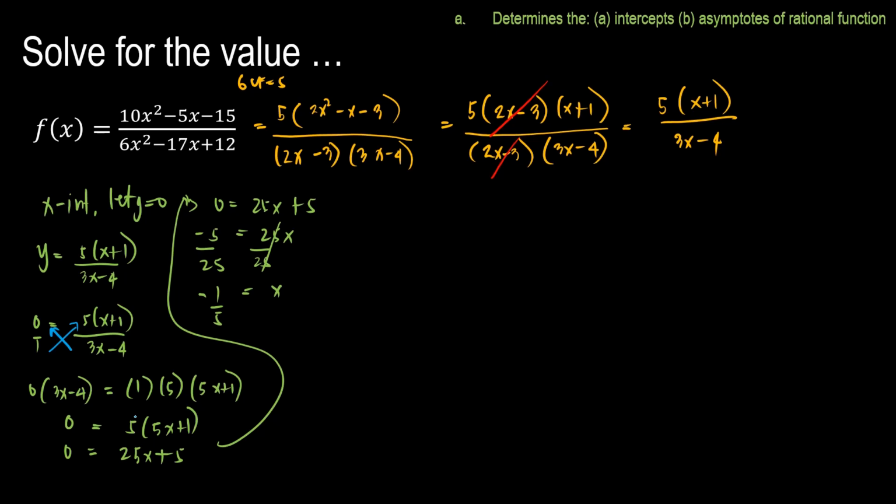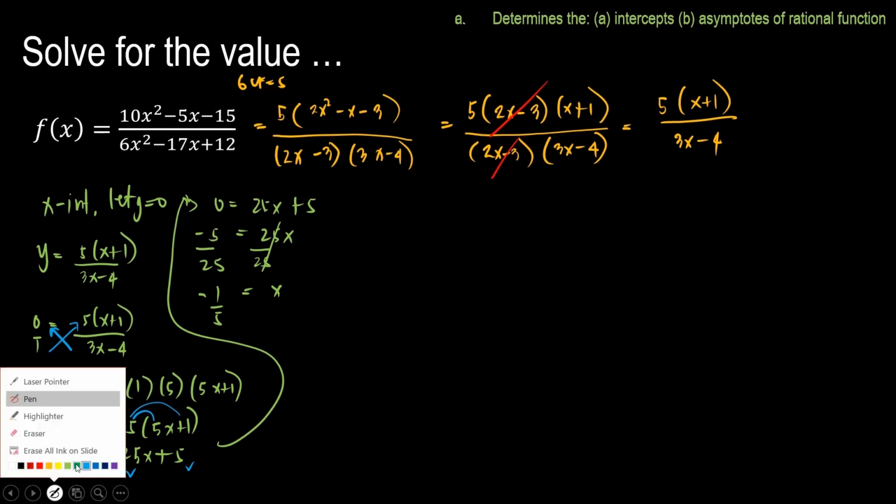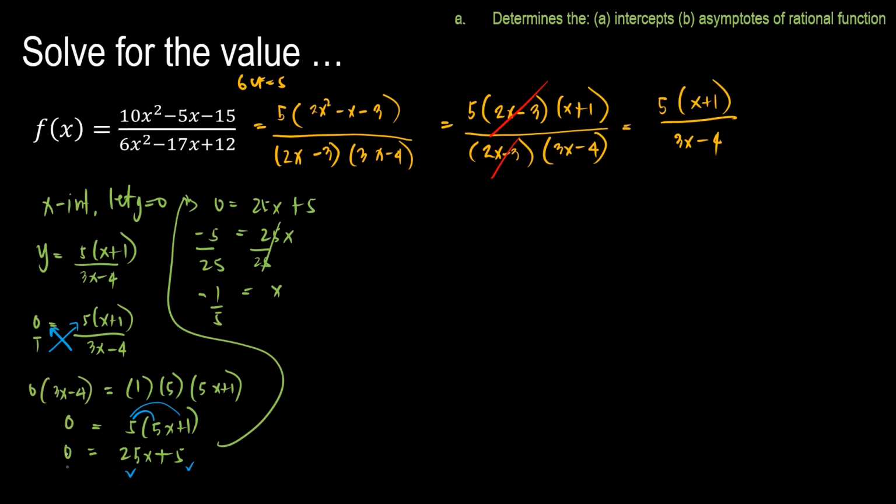Then you distribute this. Okay, so 5 times 5 is 25. Tama naman. 25x. Then 5 times 1 is 5. Correct. Then transpose natin ng negative 5. Okay, so therefore, our x-intercept is negative 1/5, given that y is equal to 0.